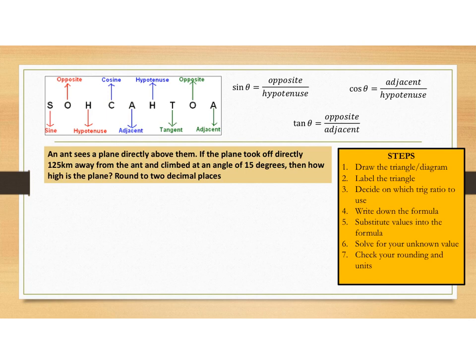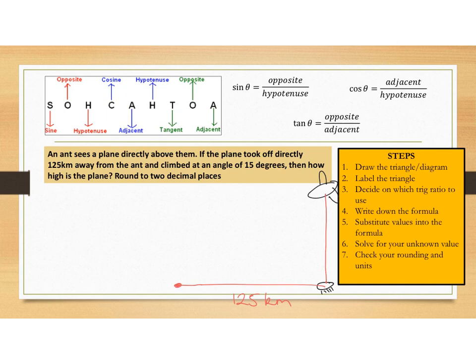So, in this problem, we have a little ant. I'm a terrible drawer. And this ant has seen a big plane, obviously not to scale, directly above it. And this plane has taken off directly 125 kilometers from that ant.